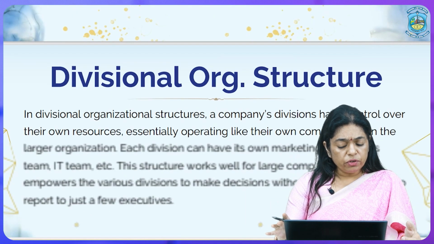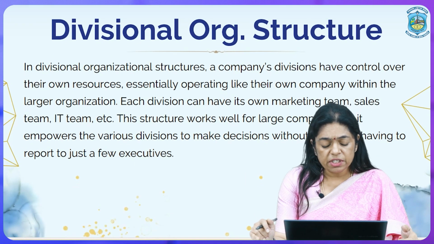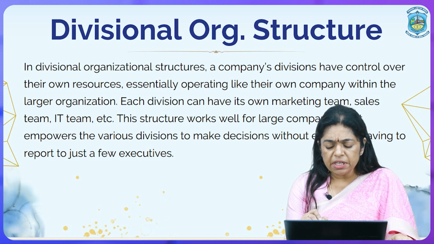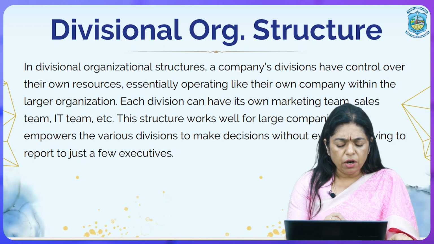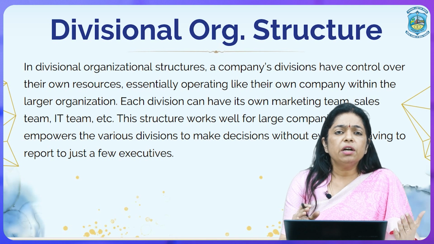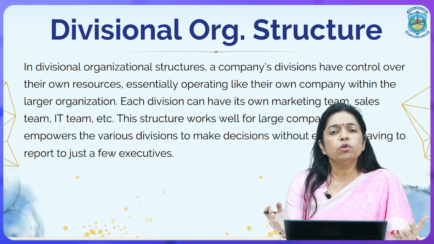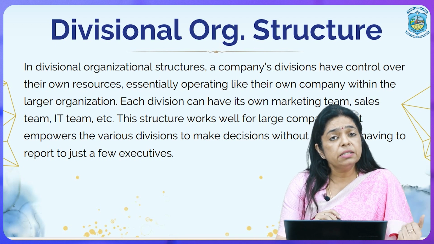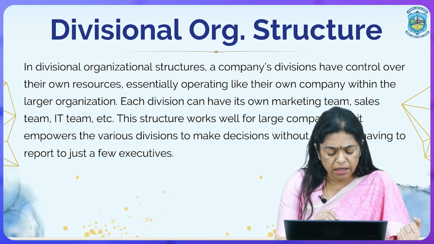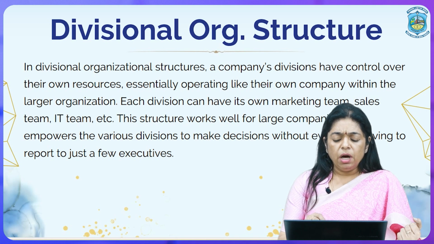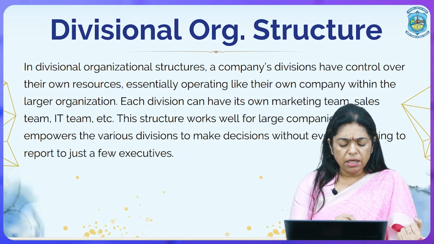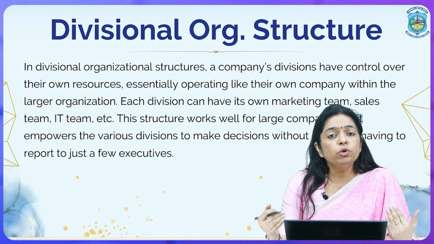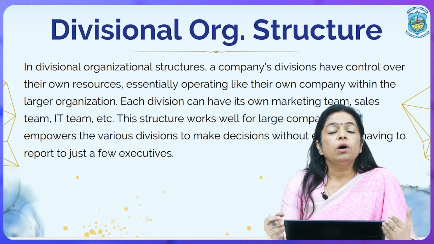So let's come to the fourth type of organization structure, which is the divisional organization structure. In here, companies' divisions have control over their own resources. Now there are different divisions, and every division has its own demands and requirements. So in this kind of organization structure, each division can have its own marketing team, sales team, IT team, and accordingly they can distribute the work and carry out the work hassle free.